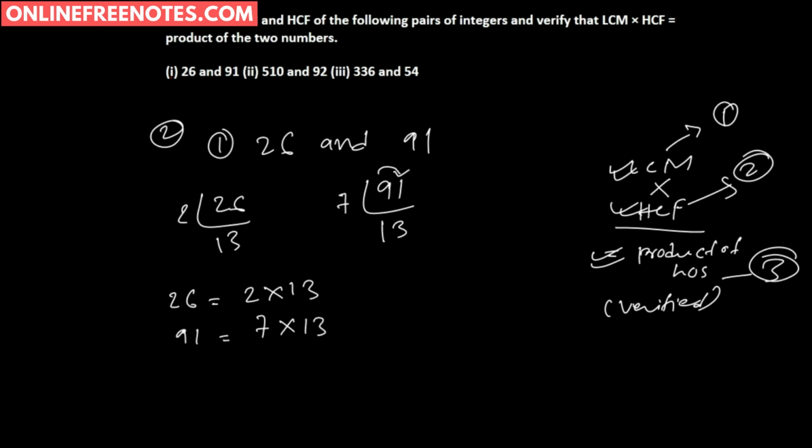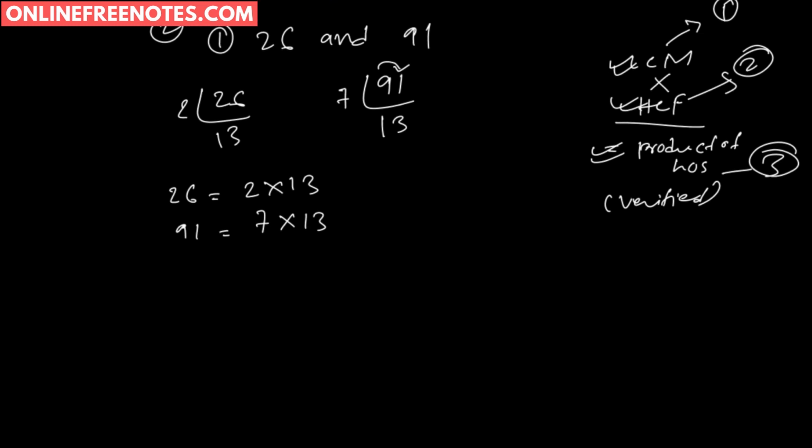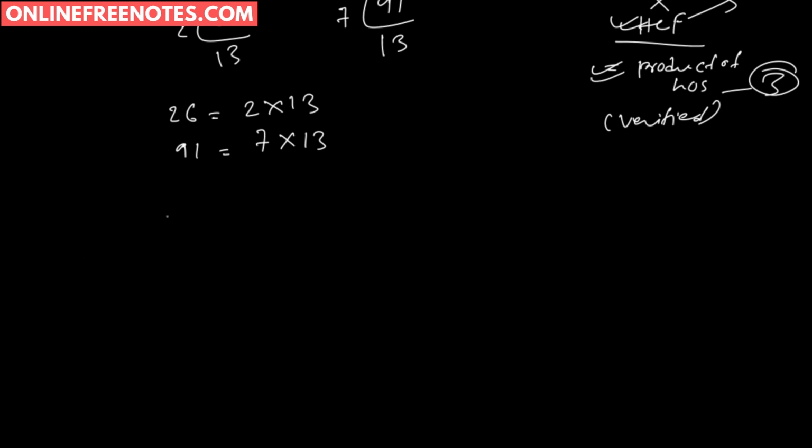Okay. Now we will find out the LCM and HCF. Let's find out the LCM. When you are finding the LCM, take only what is common at first. In both these numbers, we are seeing that 13 is common here also and here also.